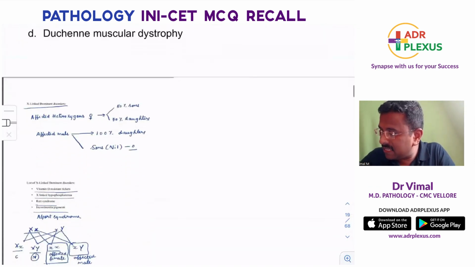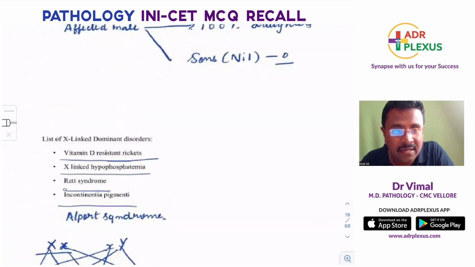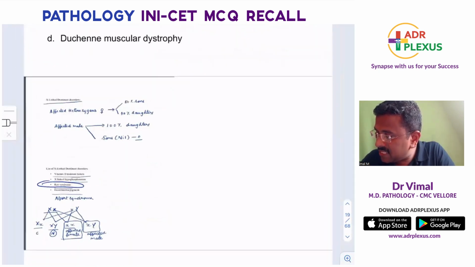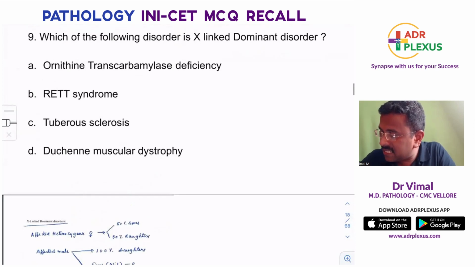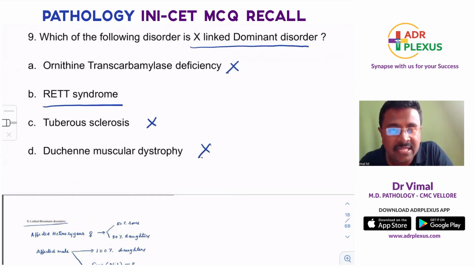And you could see that in our workbook, we have dealt with these X-linked dominant disorders, and we have marked Rett syndrome. The answer for this question is Rett syndrome. The other options like ornithine transcarbamylase deficiency, tuberous sclerosis, and Duchenne muscular dystrophy are not X-linked dominant.